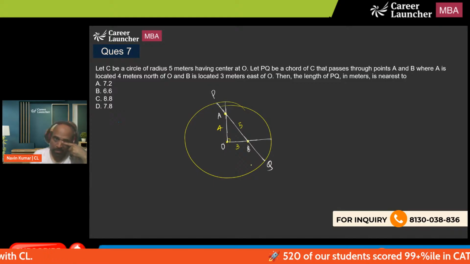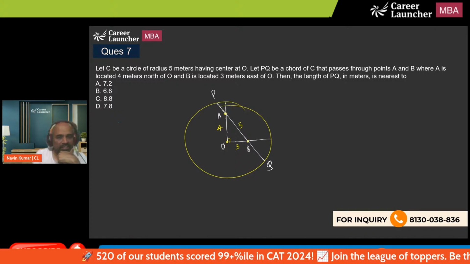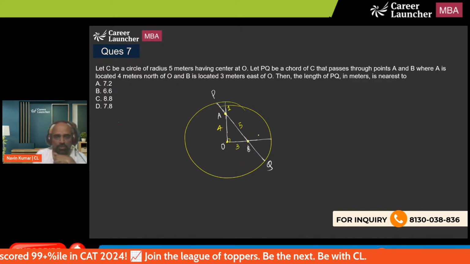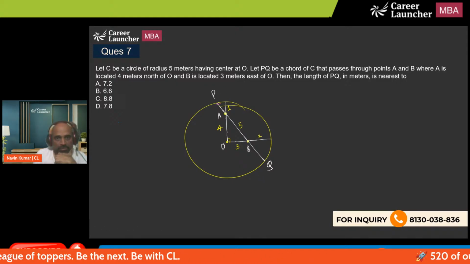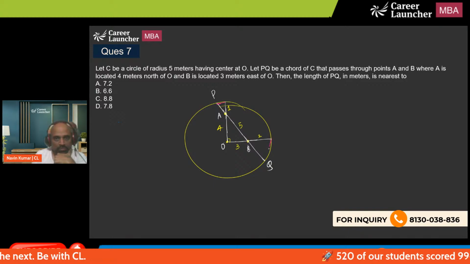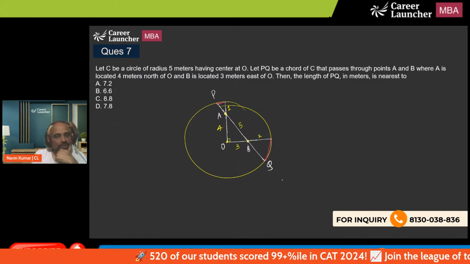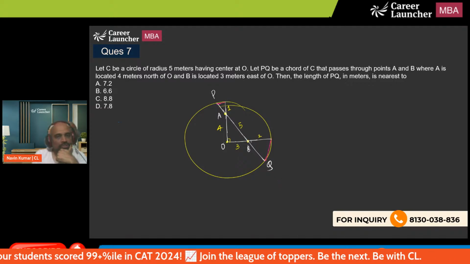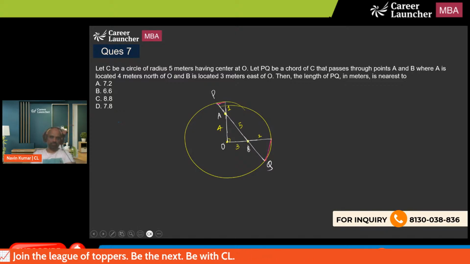Now, the entire length or the entire radius is 5. So this is going to be 1, and this is going to be 2. If we happen to join this, what will happen is these two angles are the same, right?